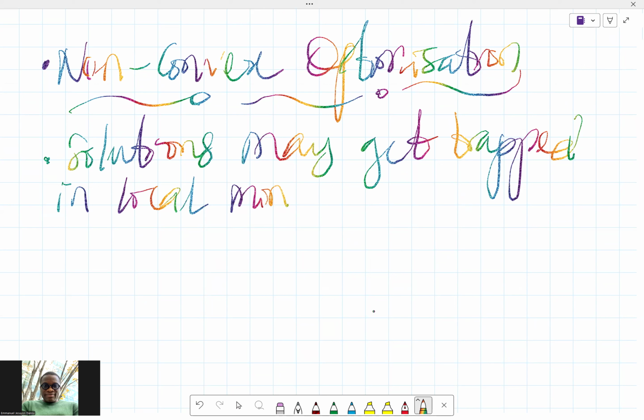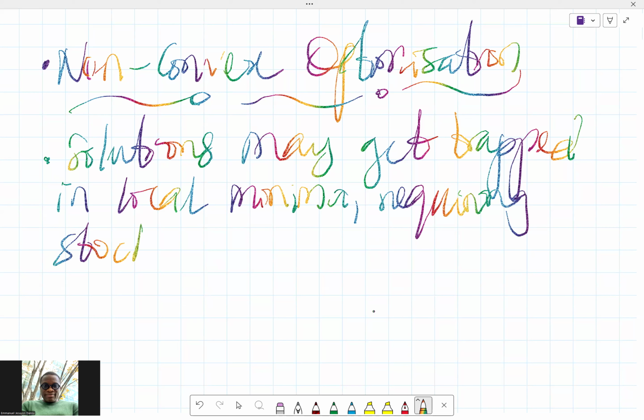We saw a method before that will even violate some rules just to escape local minima. So solutions may get trapped in local minima, requiring stochastic or heuristic techniques.